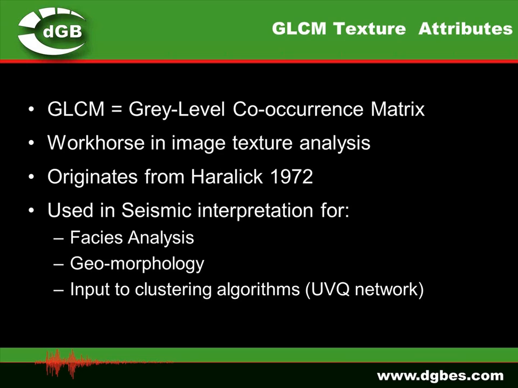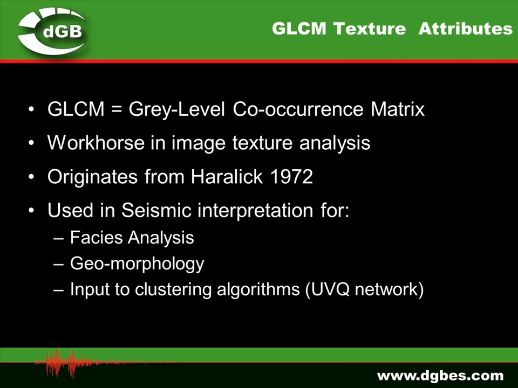Texture attributes originate from image analysis, and the objective is to cluster data based on statistical pixel analysis. They are used in seismic interpretation for facies analysis and geomorphology, and can be used as input for clustering algorithms such as UVQ neural networks.